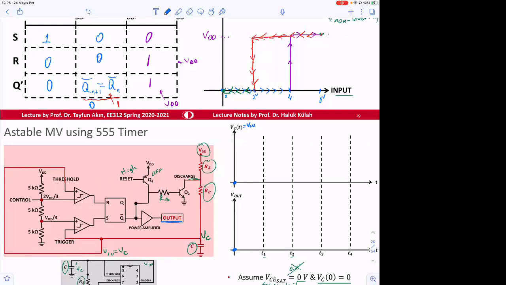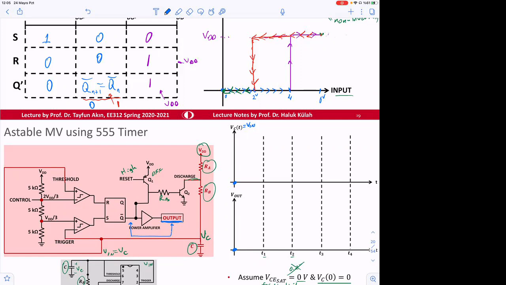Notice that this V out is just following this voltage. So Q bar is 0, so output is going to be 0.